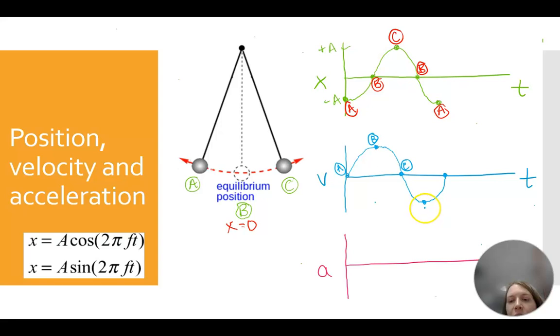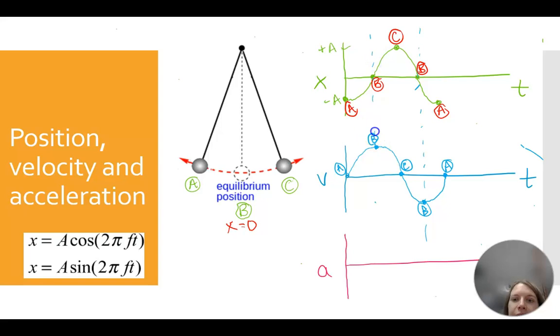So we're going to go down. We can see our slope is turning negative here. It's the most negative at the midpoint, just going in that opposite direction. And then it goes back to the other endpoint. So C, B, A.